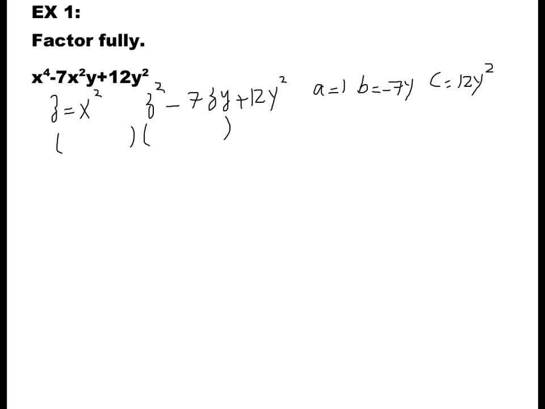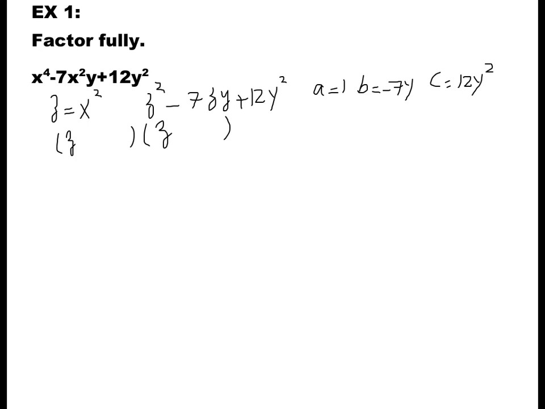Since this is quadratic in terms of z, I'm going to have two brackets with z inside. The product is 12y squared, so those two numbers can be 1 and 12, 2 and 6, or 3 and 4. But since the sum is negative 7, I can pick two numbers of the same sign, both negative.